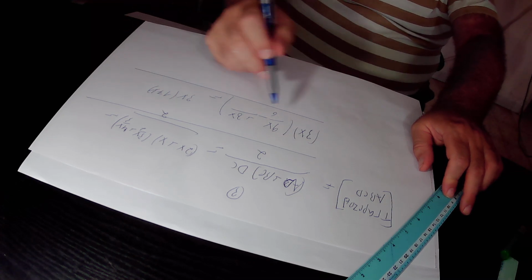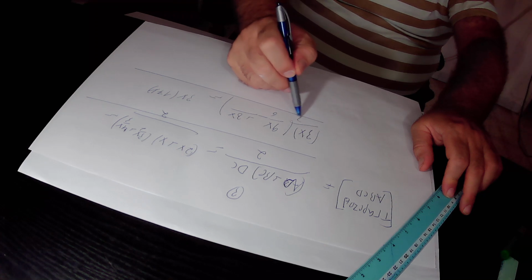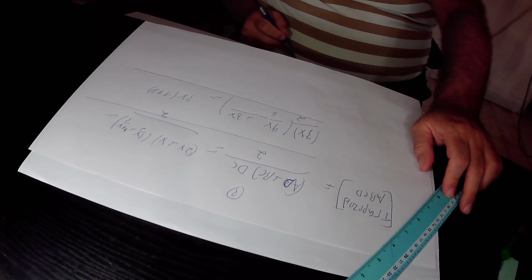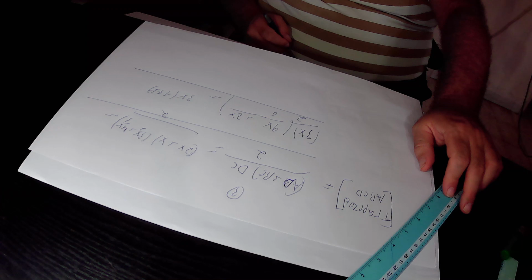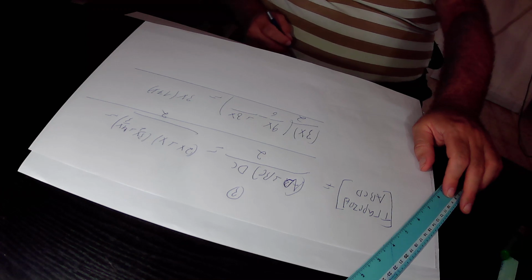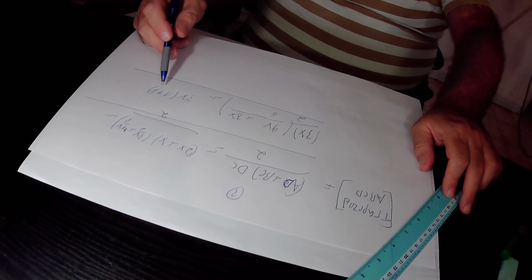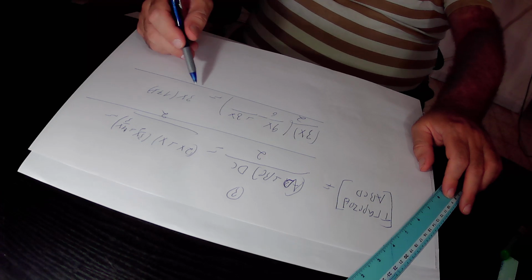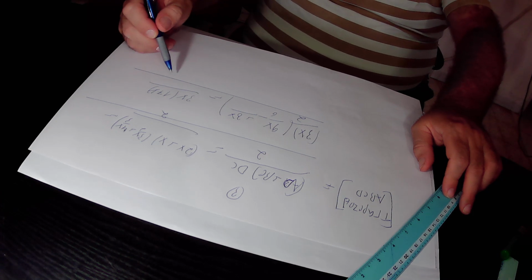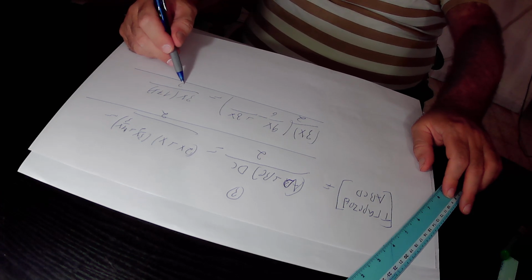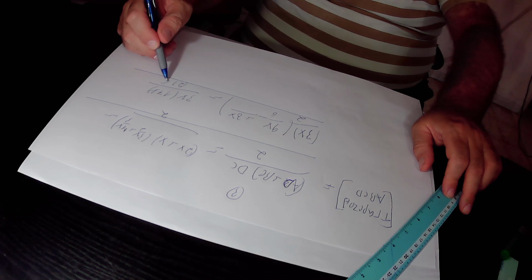So in total, the area of trapezoid ABCD equals 3x times 17x over 6, and in the denominator we have 2 times 6.